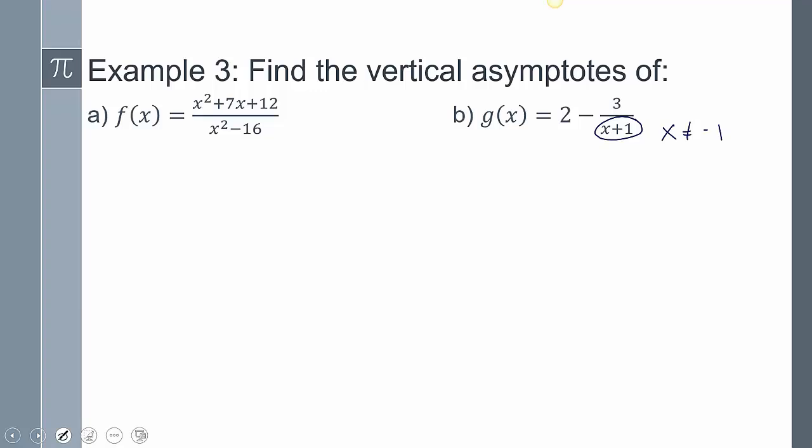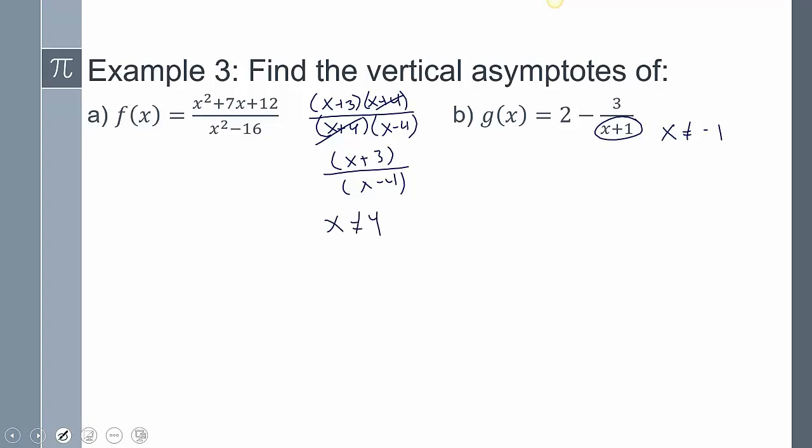For b, I can factor this into x plus 3, x plus 4, over this factors into x plus 4, x minus 4. Those cancel out, so I'm left with x plus 3 over x minus 4. So therefore, x cannot equal 4. Set it equal to 0, add 4 to both sides, x cannot equal 4. So this is my vertical asymptote.